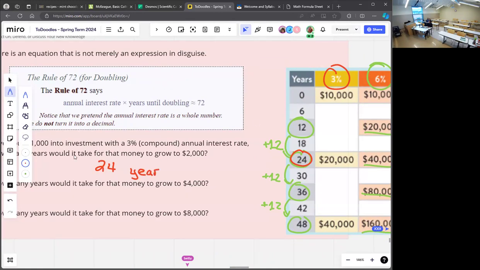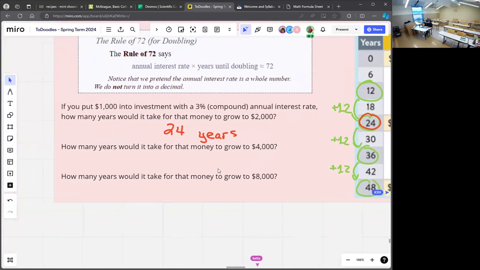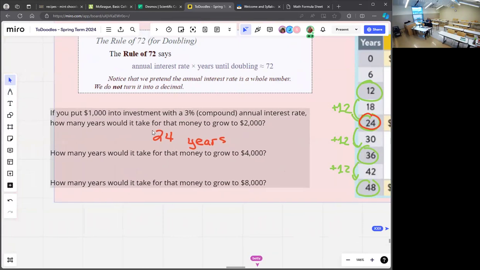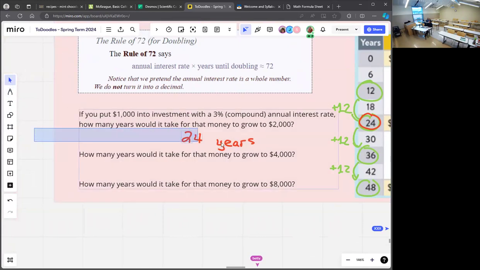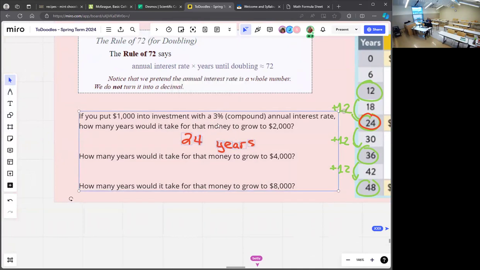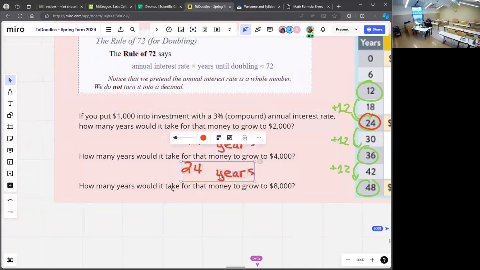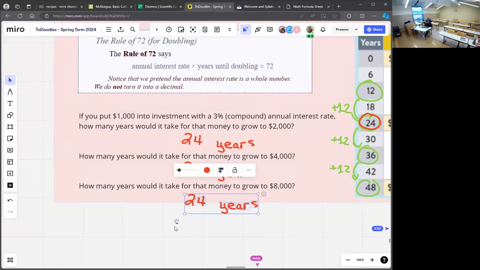That's not hard. And it's gonna take another 24 years to double again. And another 24 years for it to double again. So having only $2,000 is really not enough. And so on, right?